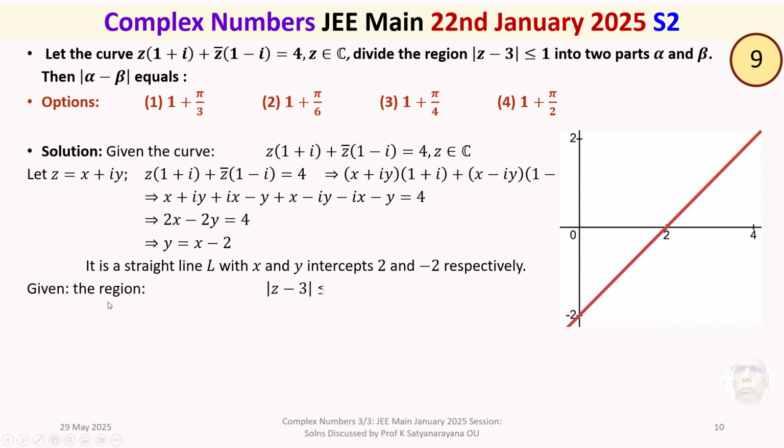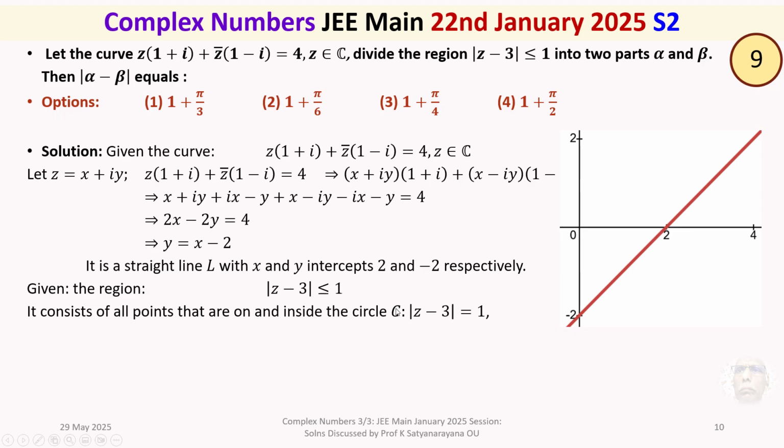Now given the region |z − 3| ≤ 1, it consists of all points that are on this circle and inside this circle.